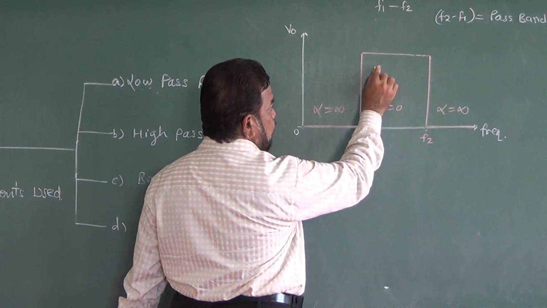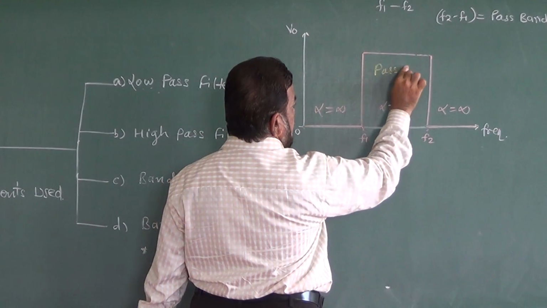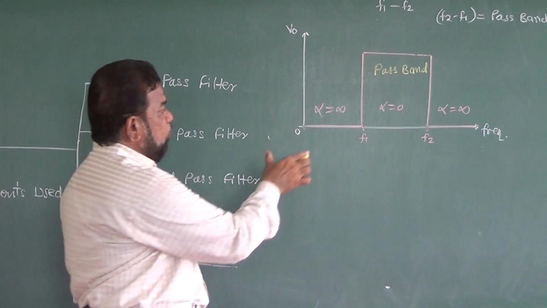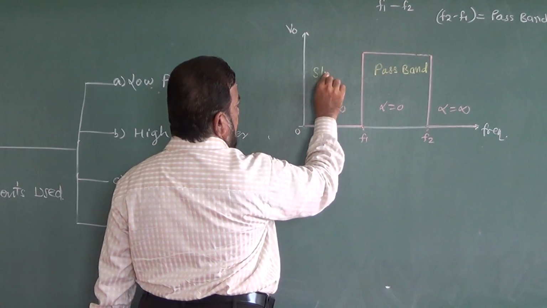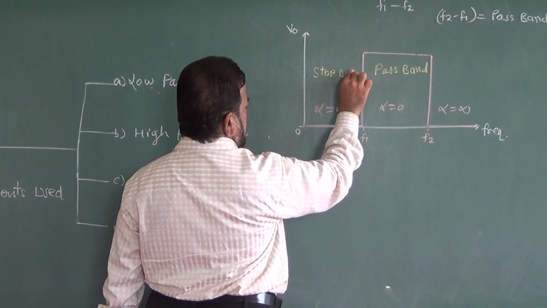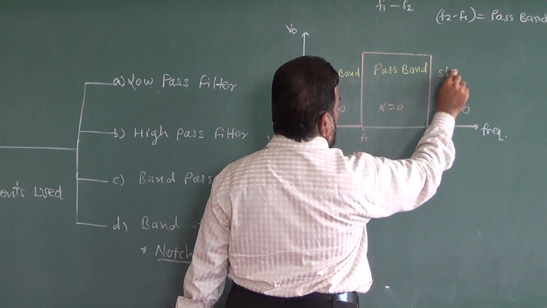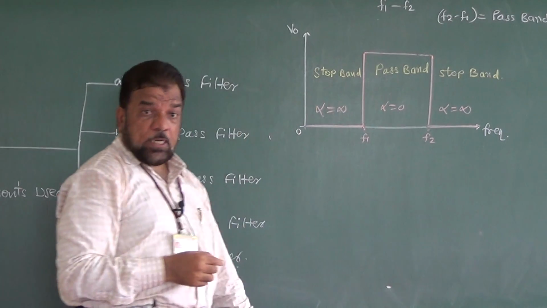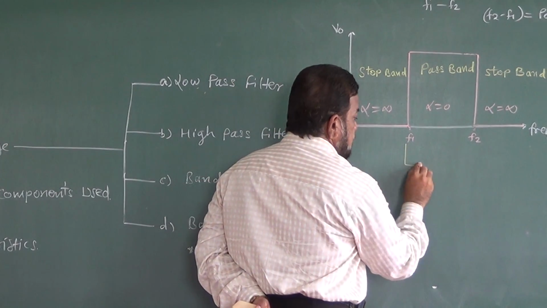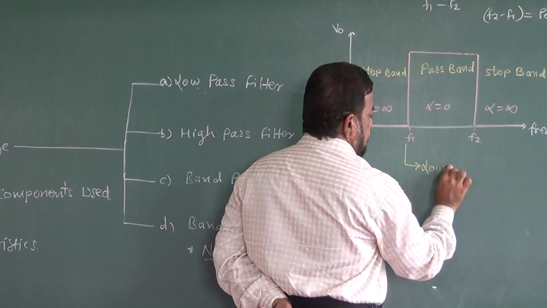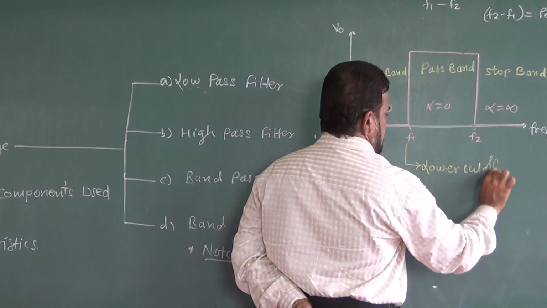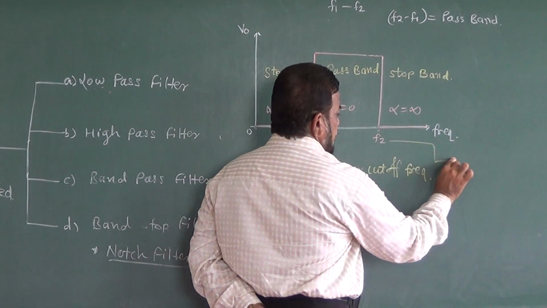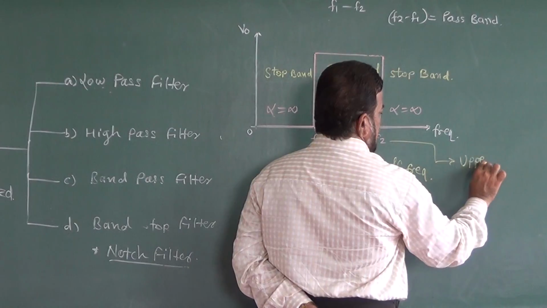Where alpha is equal to 0 I am getting the pass band, and when alpha is equal to infinity I am getting the stop band. Here also I am getting a stop band. This F1 is called the lower cutoff frequency, and this F2 is called the upper cutoff frequency.